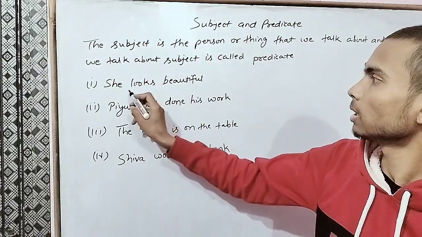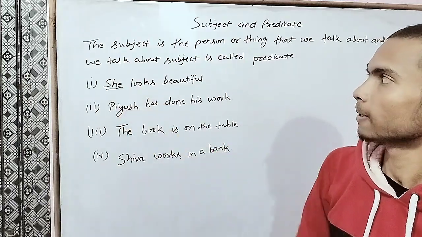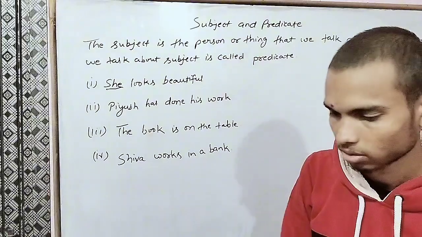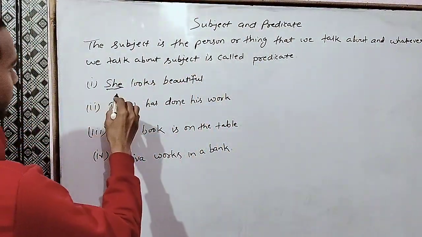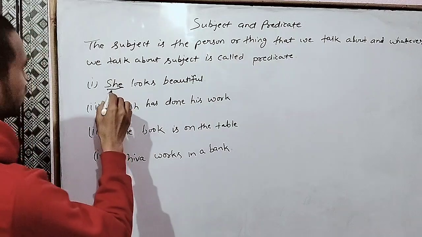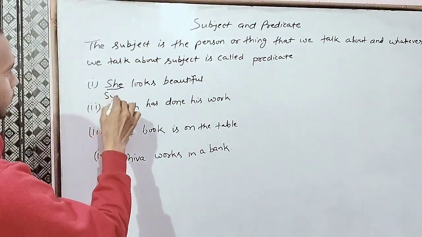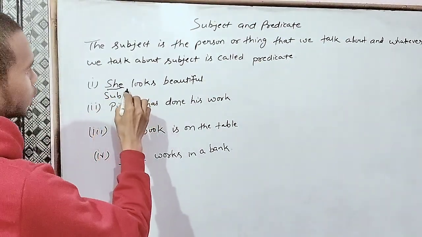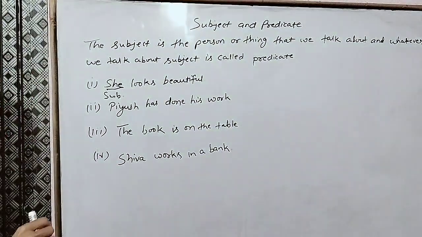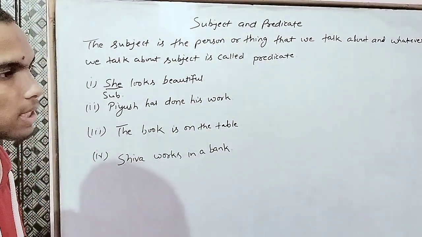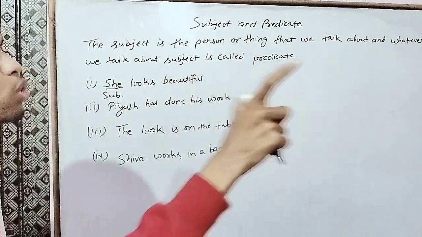For example, here the doing person is she. She is a person, so according to this definition she is the subject. We are saying that she looks beautiful.